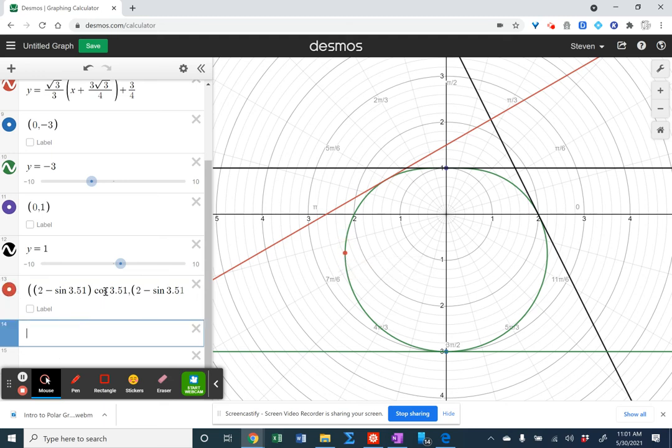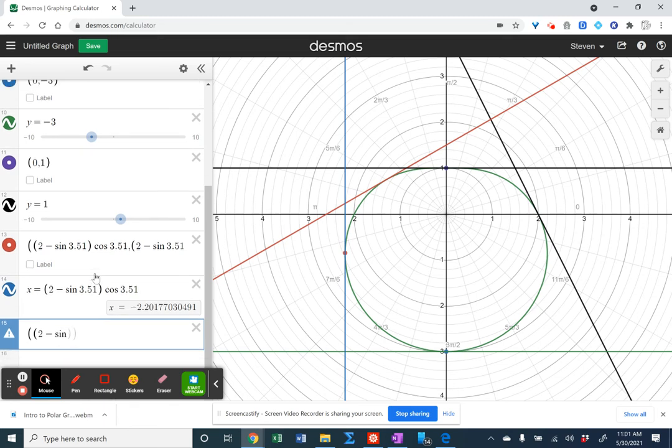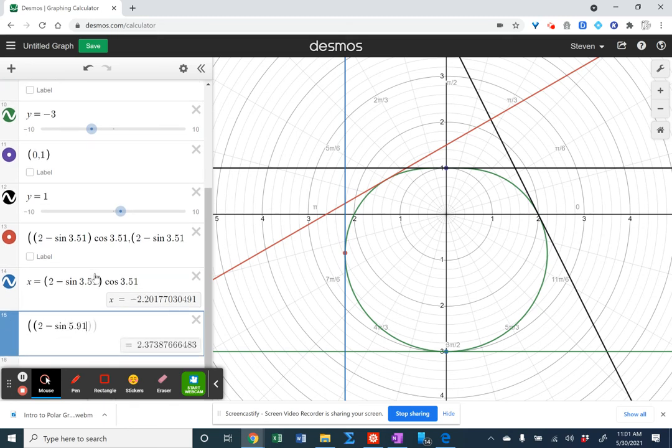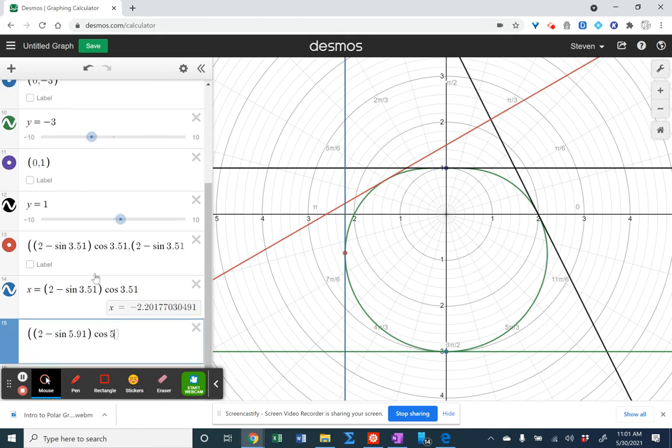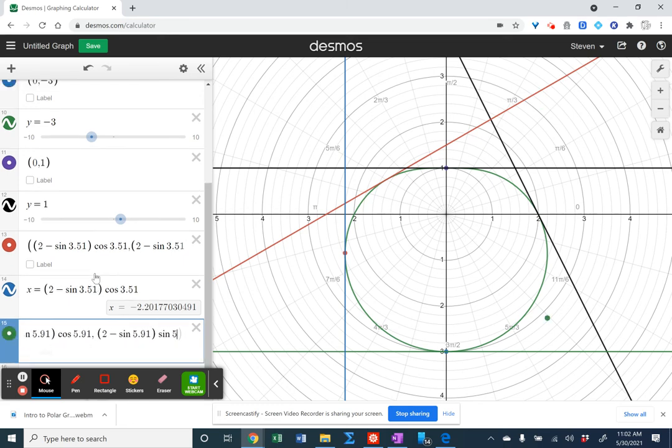And so if I set x equal to the x-coordinate that I typed in over here, cut and paste that down into here, you can see it's vertical. And the other one, another set of parentheses, 2 minus sine of 5.91 times the cosine of 5.91, 2 minus sine of 5.91.